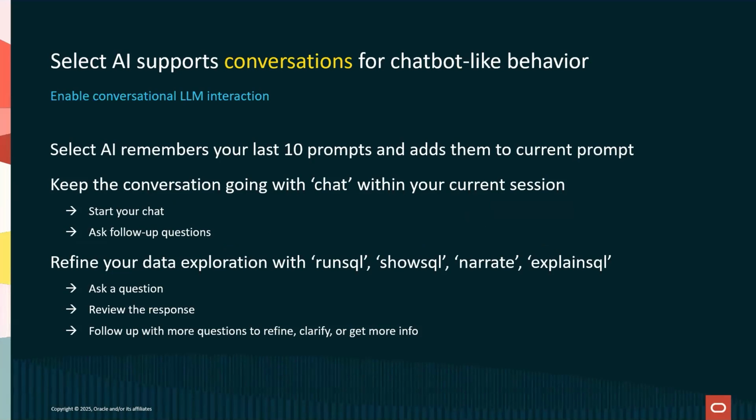You can use this with chat but also for data exploration with other SQL Select AI actions. Basically, you can ask a question and review the response and follow up with more questions to refine the result without explicitly re-specifying the previous prompt. Let's see an example for each.